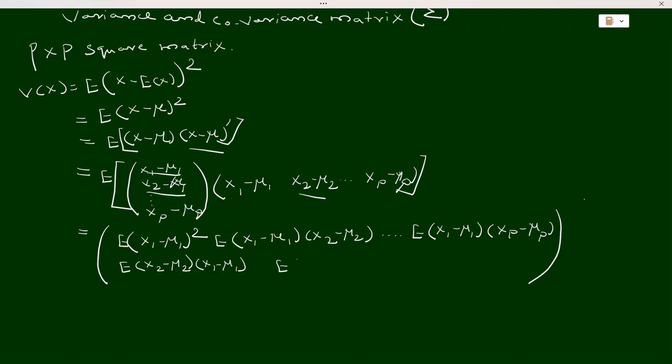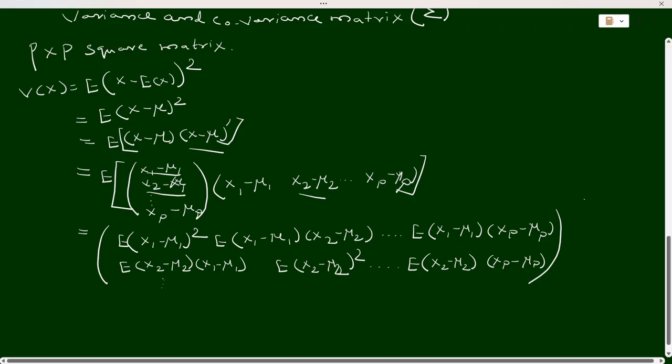Similarly, it will be expectation of x2 minus mu2 the whole square, and expectation of x2 minus mu2 into xp minus mu2. And expanding it, we will get it like this.